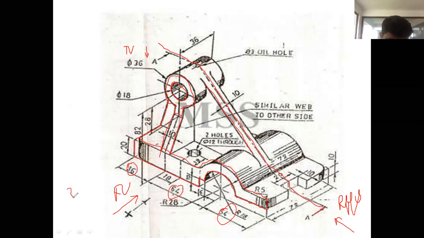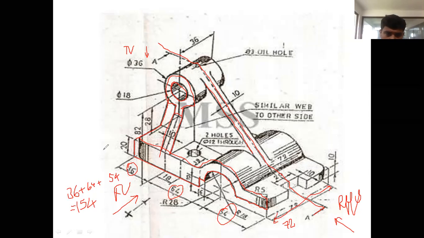So the length is 36 plus 64 plus 54, total equals 154. You can see here 154, and the side length is 72 mm.